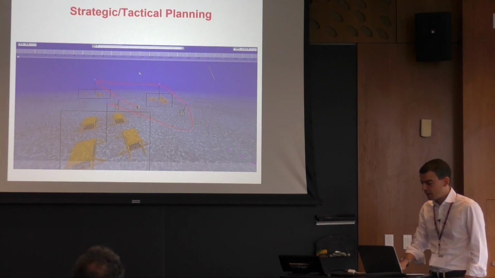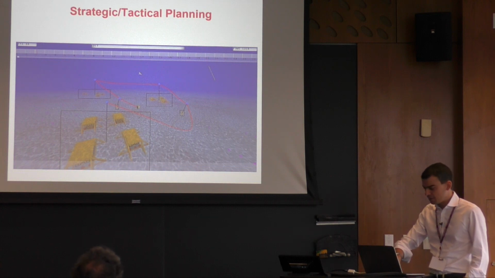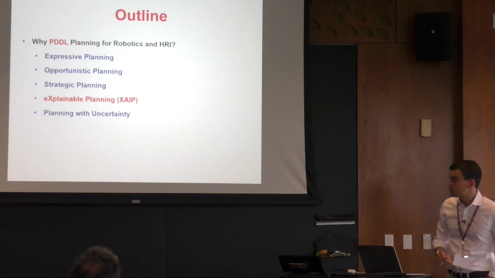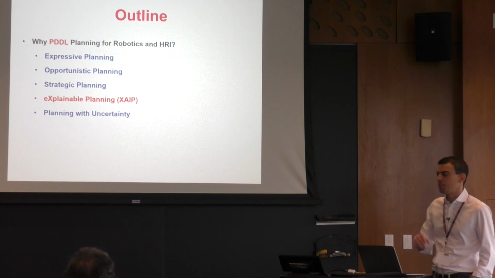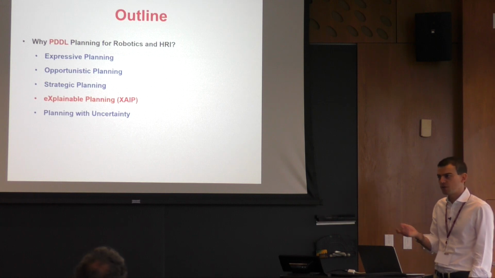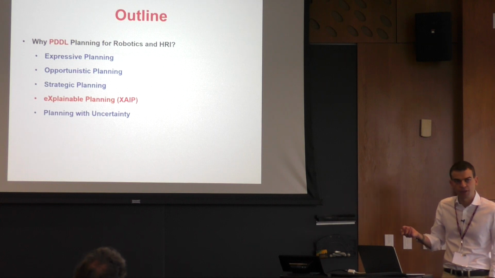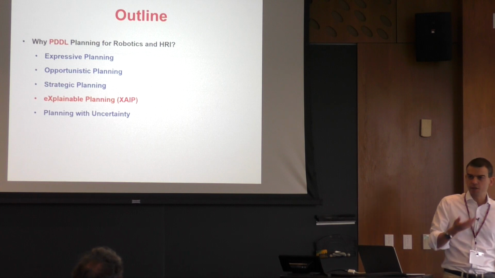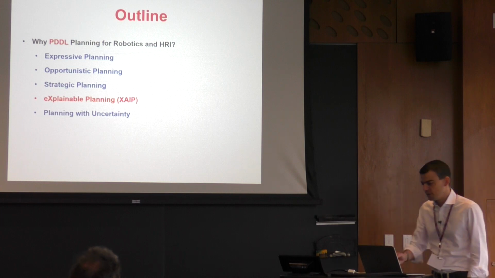One more reason why we think that PDDL planning is useful for robotics and HRI is explainable planning. Planning is explainable. Many people are now talking about explainable AI, so there is the DARPA challenge, and many people talk about that. However, many talk about it from a machine learning perspective, the need for explaining neural networks.